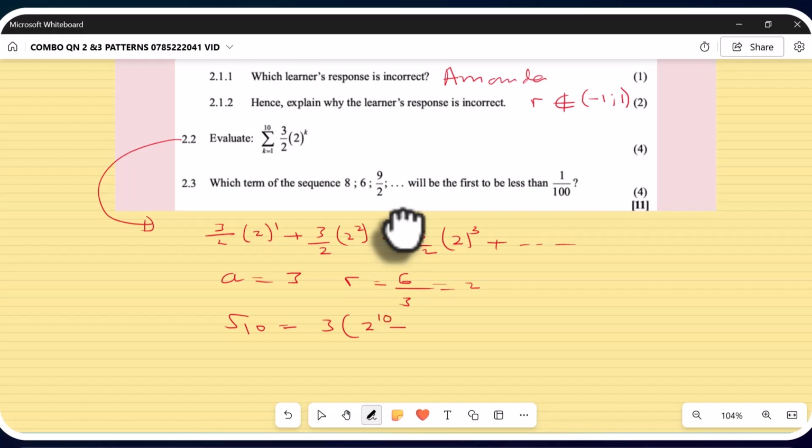Then they say which term of the sequence will be the first to be less than this one here. So let's see what to do. If you check 6 divided by 8, you get 3 over 4. What about the next one?